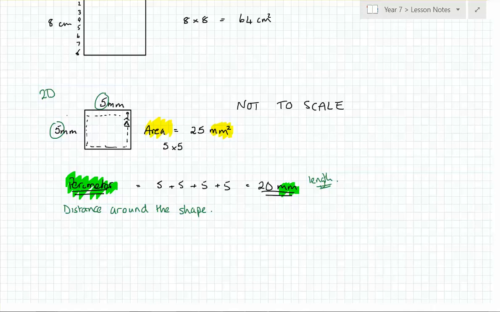No, because there's no down, there's no third dimension, it's just the area. Like a whiteboard, this board has a volume because it's got a bit of depth. But if I wanted to know the area of just this surface that I can write on, there's no third dimension. So we've got really area and perimeter.